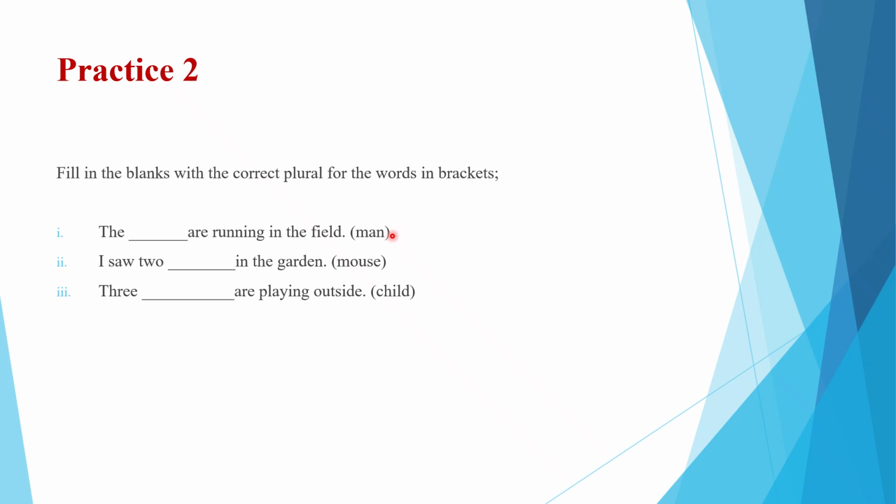So you change these words into their plural forms and use that plural form to fill in these blank spaces. So the first step is change the words in the brackets into the plural. After you are through with that, then you can use those words that you have formed or the nouns in the plural form to fill in the blank spaces. This is a very good exercise for you. You can do it on your own at your own free time.